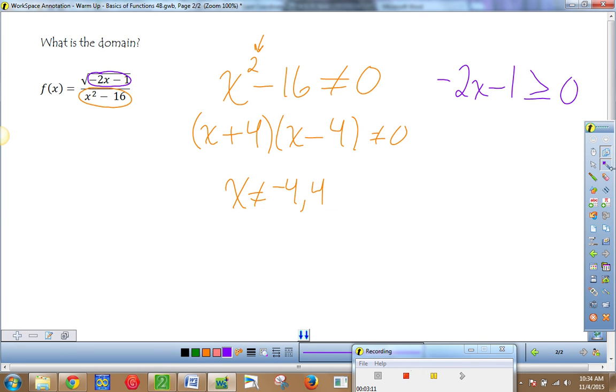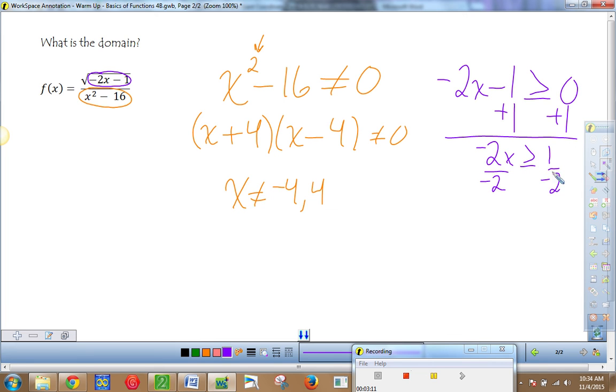That means it's not negative. It can be 0, it can be higher than 0, but that's it. So how do I solve it? Add the 1 on both sides. And when I divide by -2, what happens? My sign flips, so it becomes x is less than or equal to -1/2.